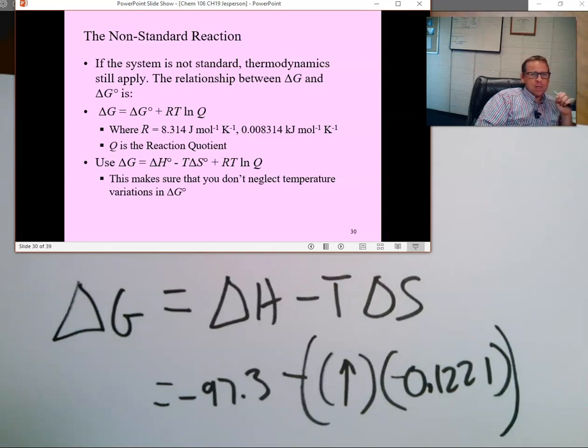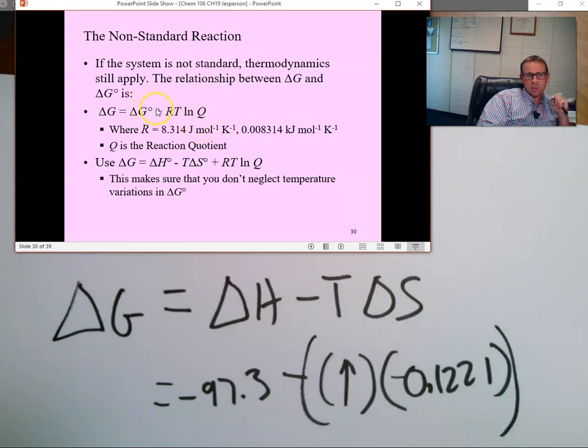So if we're not under standard conditions in terms of concentration, then we do have an alternative way of expressing or fixing our delta G. If we have delta G naught, we can add to delta G naught an RT ln of our current Q, and we can adjust our delta G naught for non-standard conditions, not just temperature but concentrations, because the Q will take into account different concentrations.